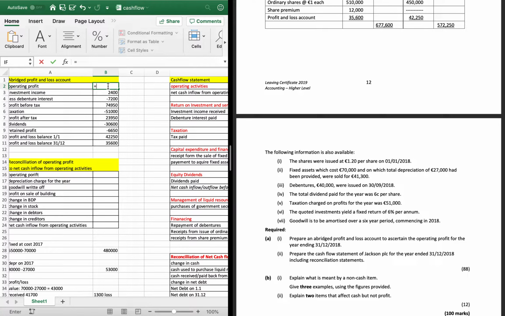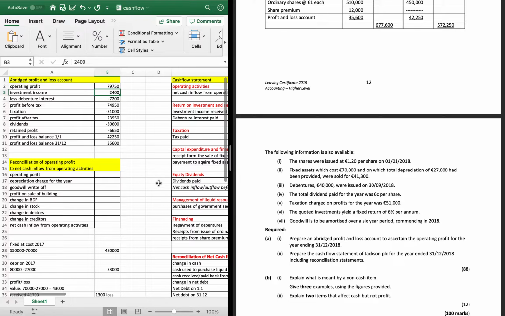So we're taking the 74,950, and we're going to add back on that 7,200 and take away the 2,400. And that gives you your operating profit of 79,750. So that's the first part done. So really all you need to know there is you're always doing the opposite. Obviously, you need to know your skeleton or your layout from there.